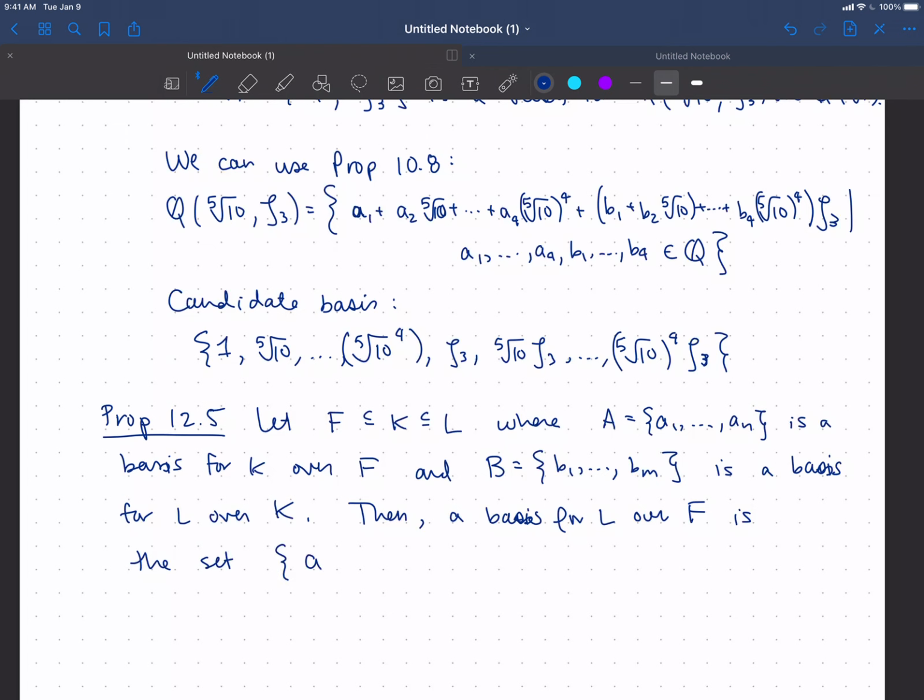We take the A things, multiply them by the B things, all possible pairwise products, and that gives us our basis, which is exactly what we did above.